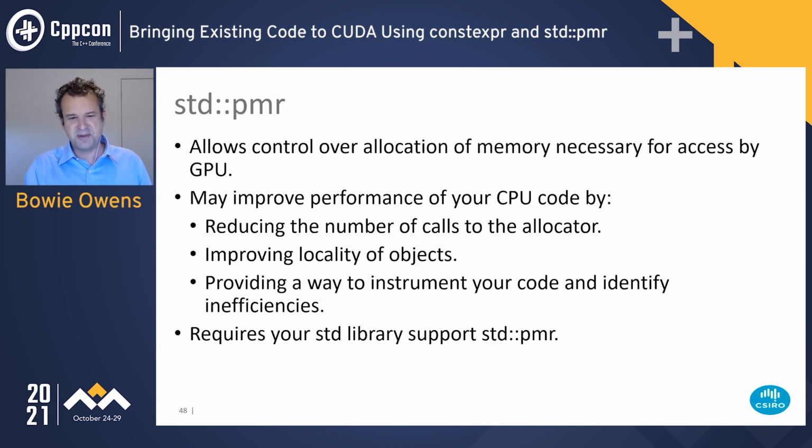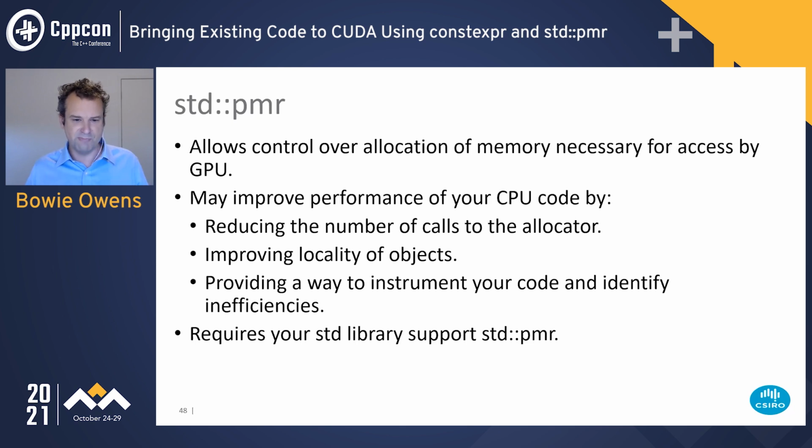Okay, standard PMR allows you to control the allocation of memory, which is necessary for access by the GPU. So you have to adjust your memory allocation. Now, the good thing is that using standard PMR may allow you to reduce the number of calls to the allocator or improve the locality of objects in memory by using intermediate memory resources like monotonic buffer resource.